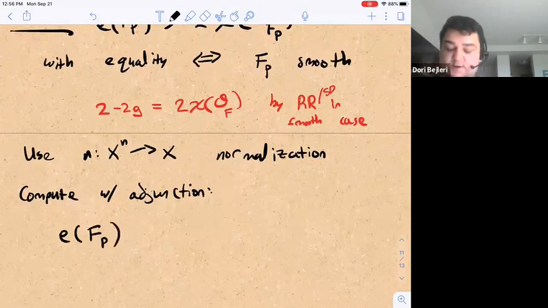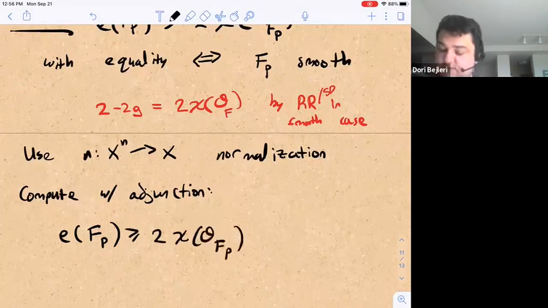So the topological Euler characteristic of our fiber is greater than or equal to 2 times the Euler characteristic of O. That was this lemma.